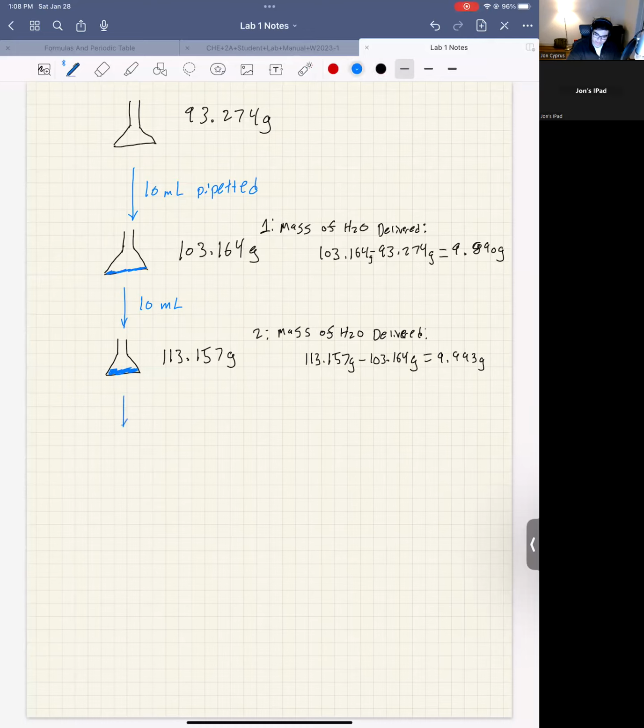So let's go down here. You would do this again, and it's the same procedure. You added 10 milliliters, and you should get about 10 more grams. And then for this third one, the mass of water delivered is going to be 123.172 grams minus 113.157 grams.